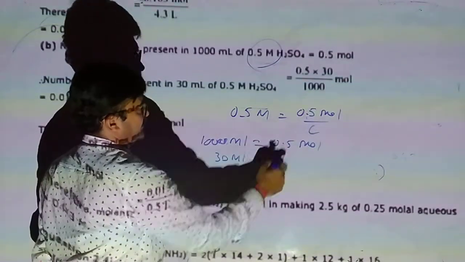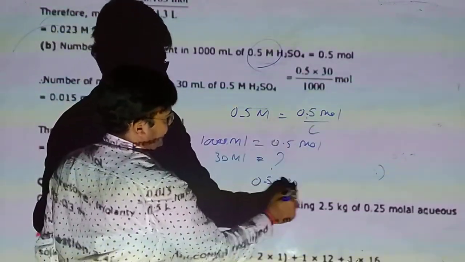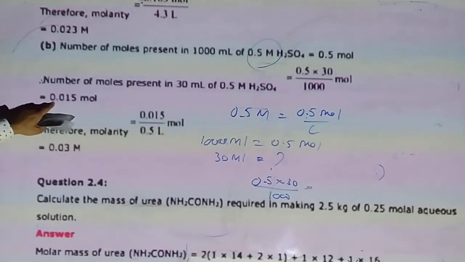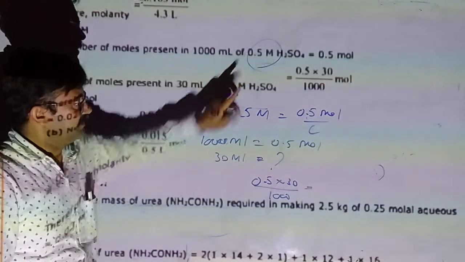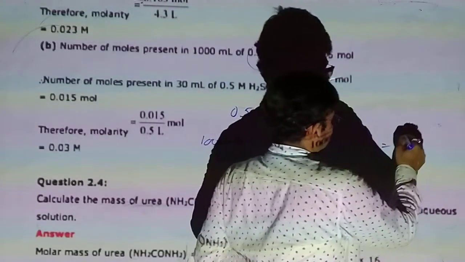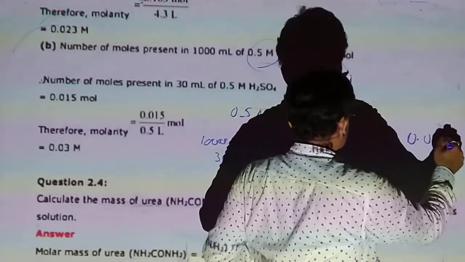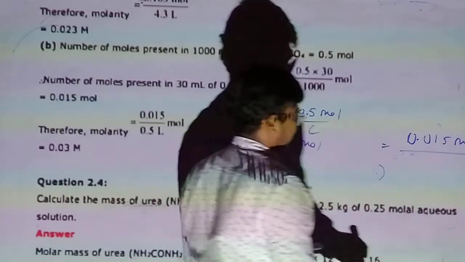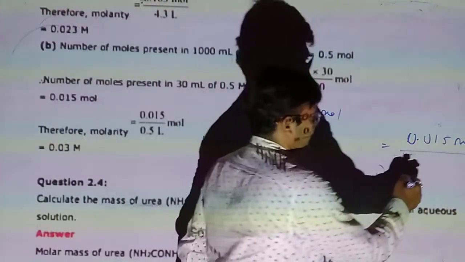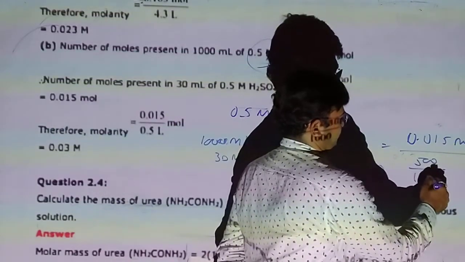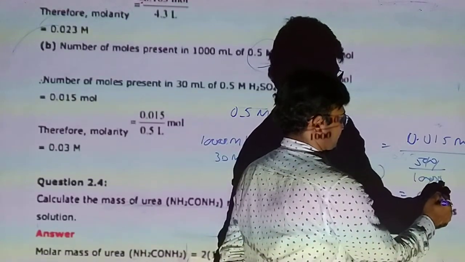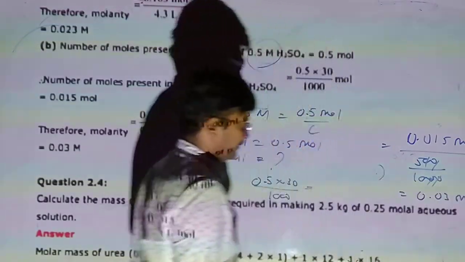So 0.5 into 30 divided by 1000 gives the moles in 30 milli. This mole is divided by the new volume. 0.015 mole divided by our new volume, which is 500 milli. In liter, 500 divided by 1000, so 0.5. So 0.03 is the new molarity.